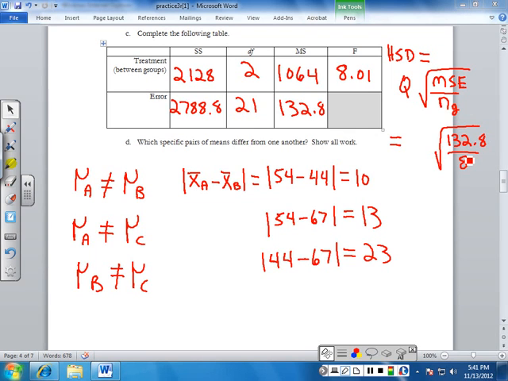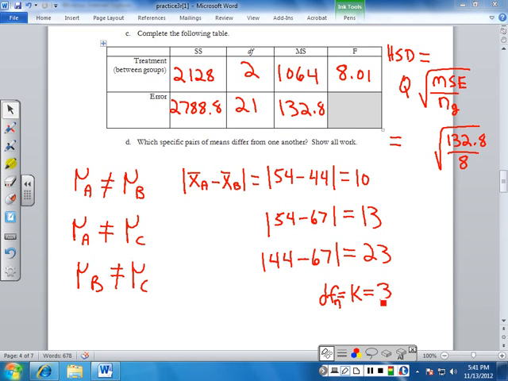And the Q comes with some degrees of freedom. The degrees of freedom in the numerator, it's just K, which is 3. The degrees of freedom in the denominator is the same thing as it was with the F test.